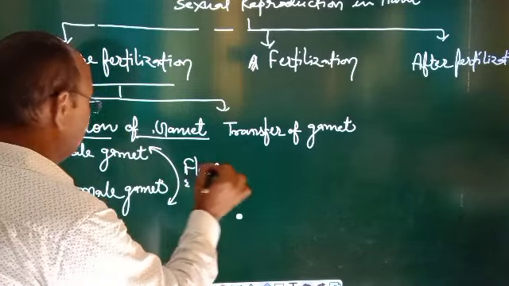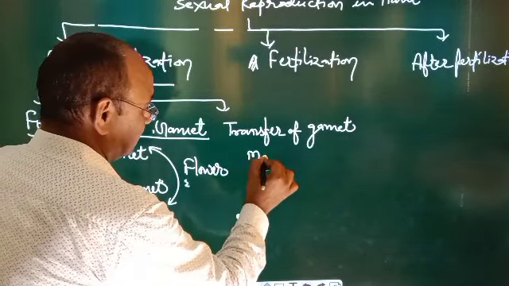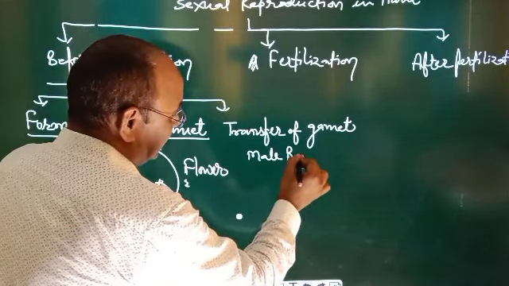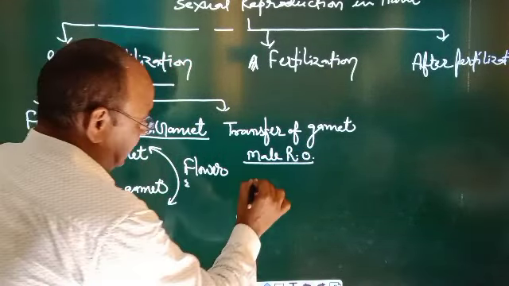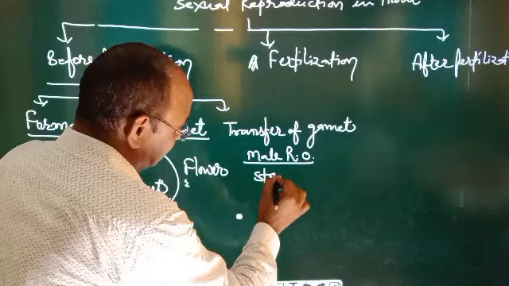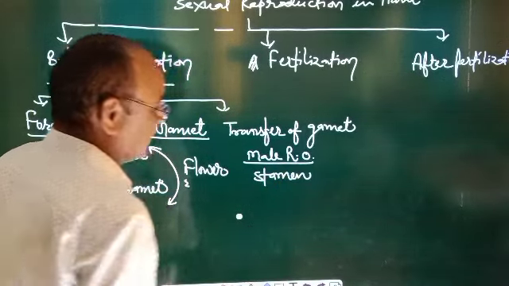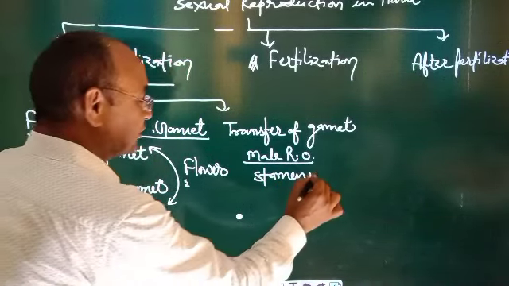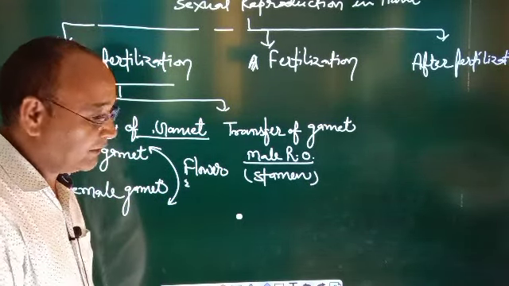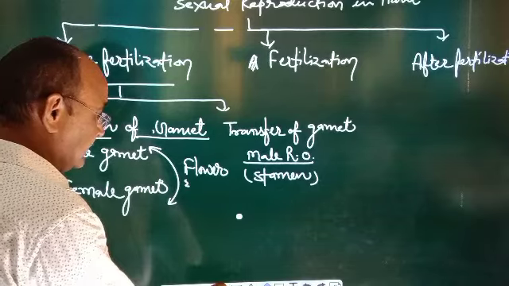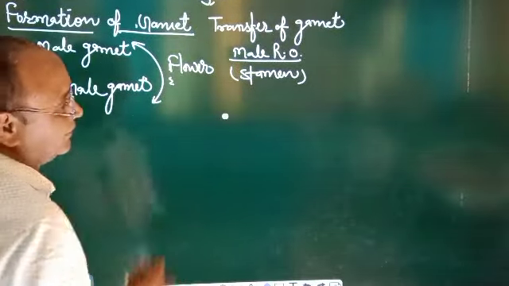Especially in flower, male reproductive organs are present, which is known as stamen. So first question, give the name of male reproductive organ. Your answer is stamen.